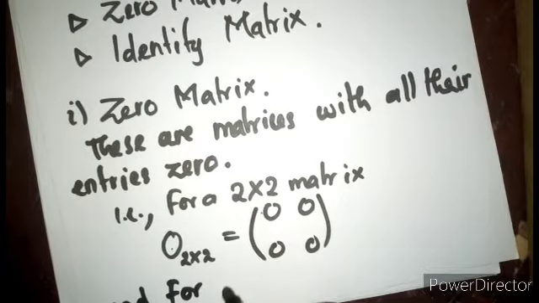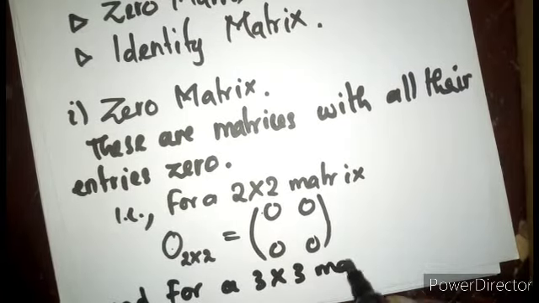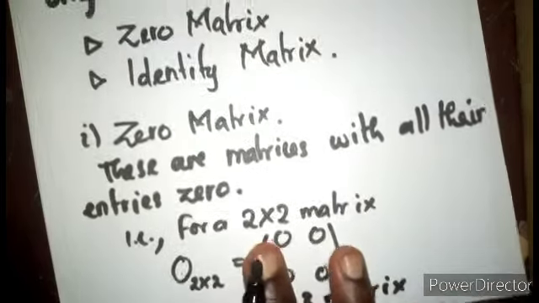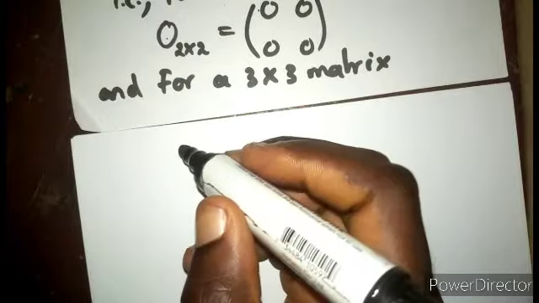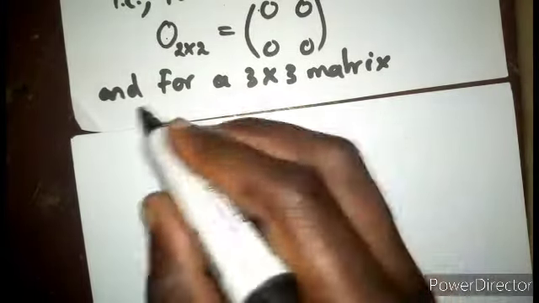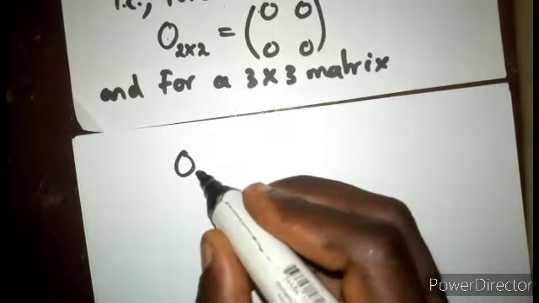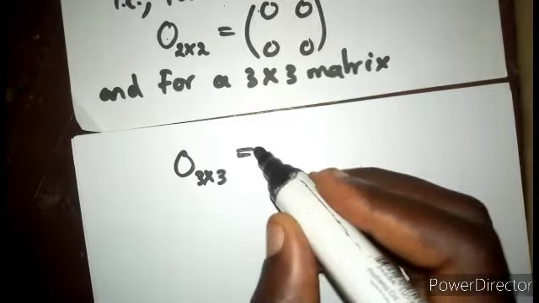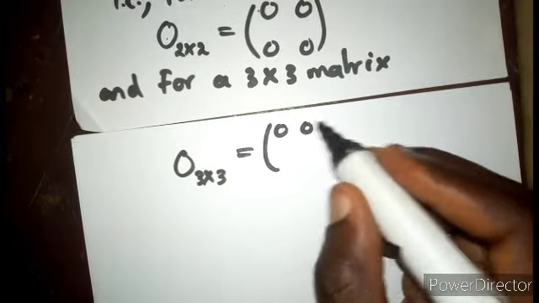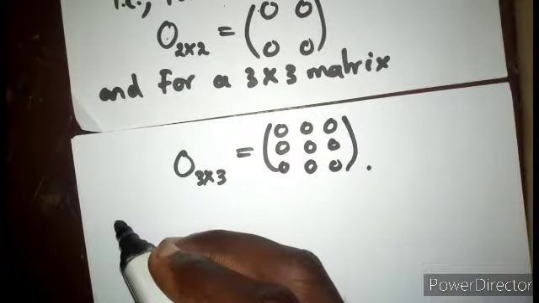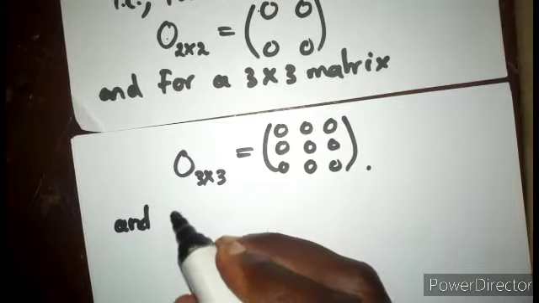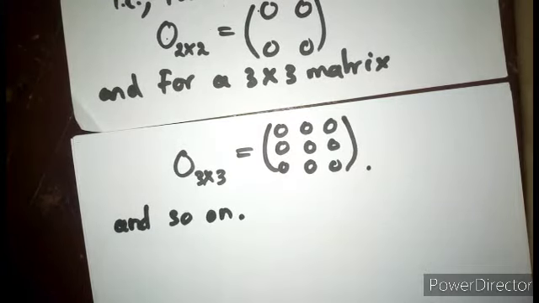And for a 3 by 3 matrix, denoted by capital letter O subscript 33, we have 0, 0, 0, 0, 0, 0, 0, 0, 0. And so on. So that is what the zero matrix is.